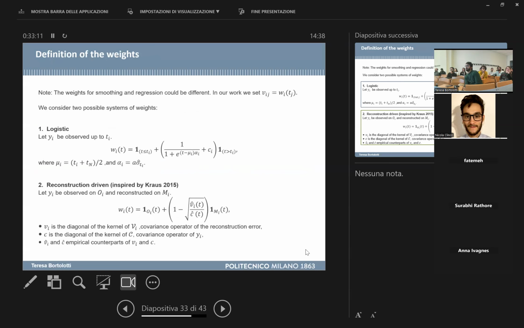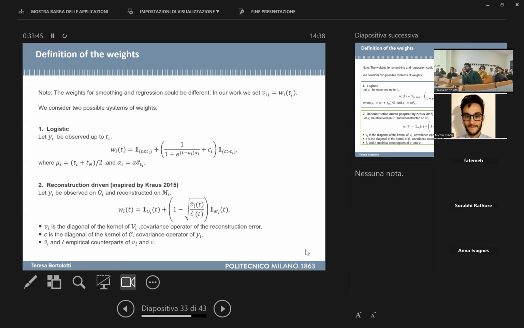Now, how did we pick the weights? First of all, we came up with a very naive solution. Since our curves are right-censored, we defined the first system of weights as logistic curves. They are not really logistic. They are the composition of a constant function at value 1, and then they logistically decrease the further you get from the last observed point.